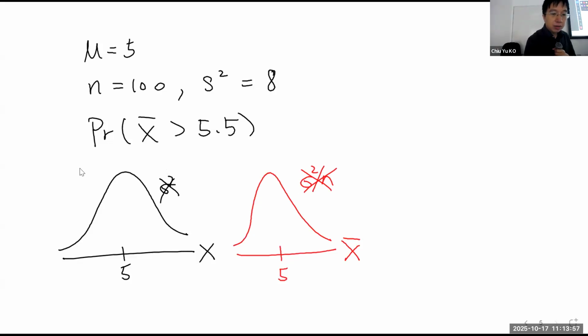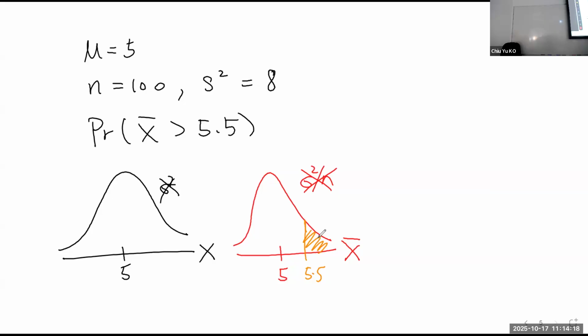Because this is normal, I could just change 5.5 to standard normal, find this area, and look at how many standard deviations, using sigma over the square root of n, converting to the Z space. There's no problem. But without knowing sigma squared, it's not a bell.